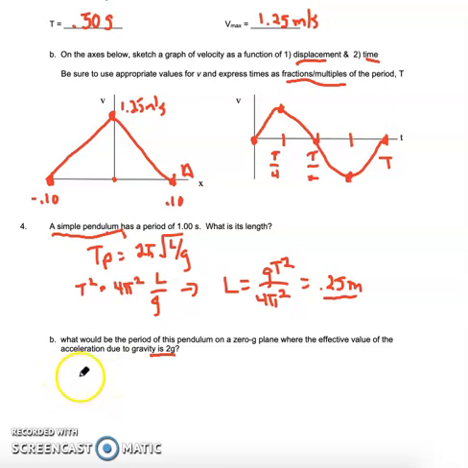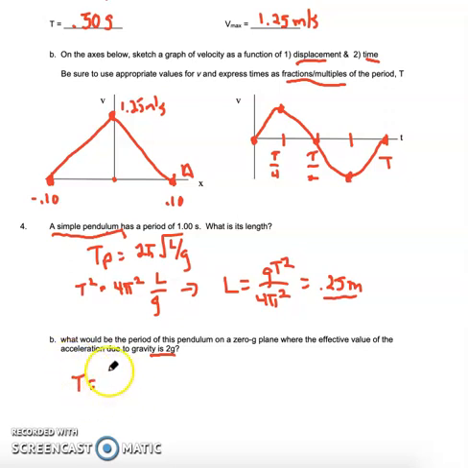we already know that the period is 1 second, so we could say that doubling the g, we're going to go down by a factor of 1 over radical 2. Or you can just do this by simple algebra.